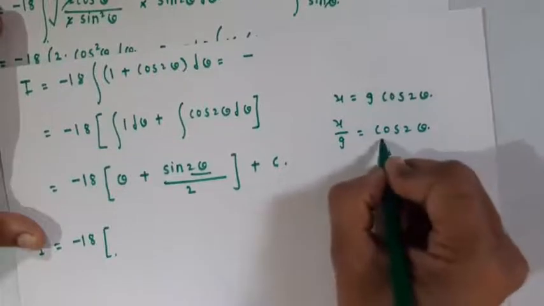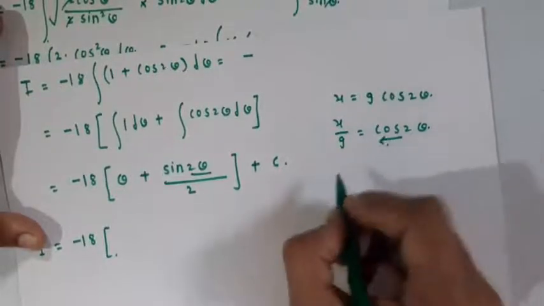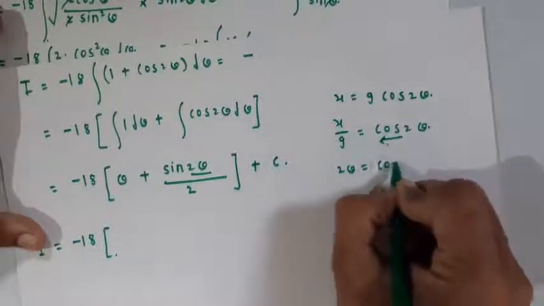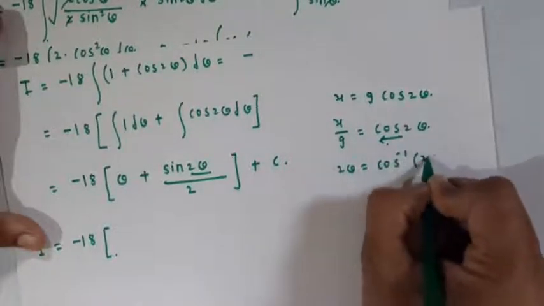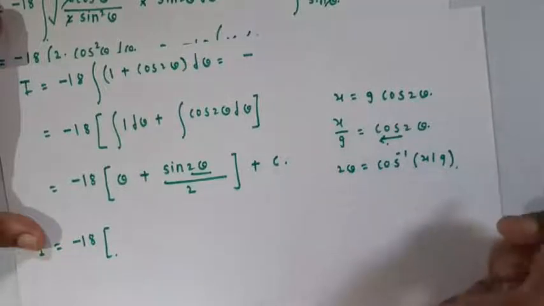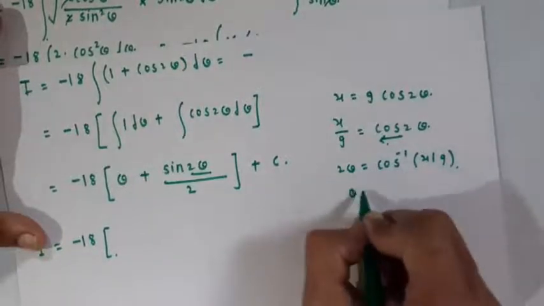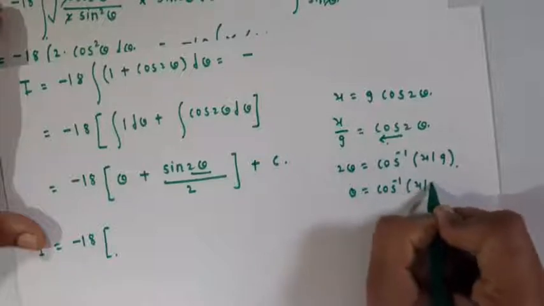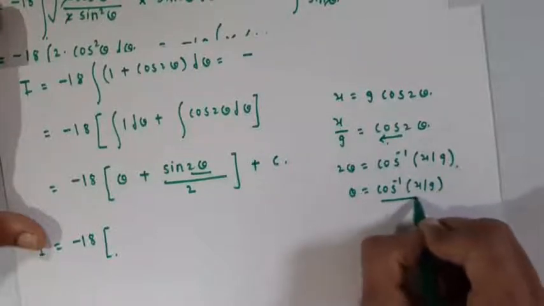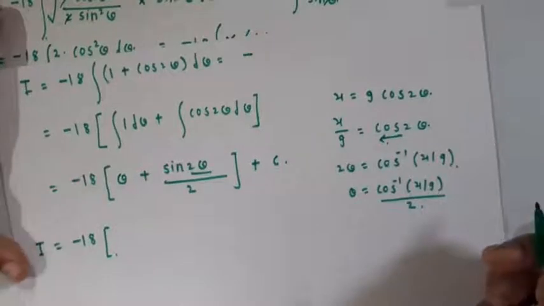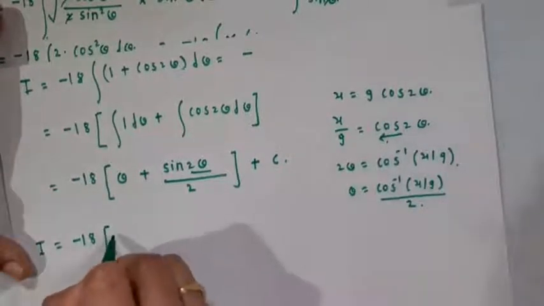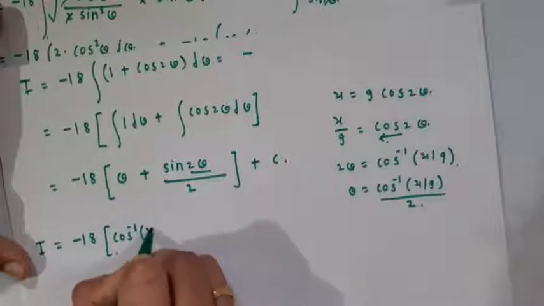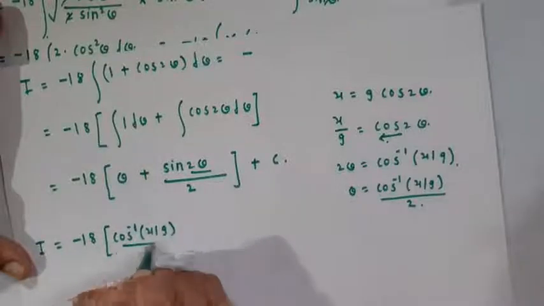And now shift this cos to that side, we will get 2 theta equal to cos inverse of x by 9. Again theta equal to cos inverse of x by 9 divided by 2, and this is cos inverse of x by 9 upon 2.